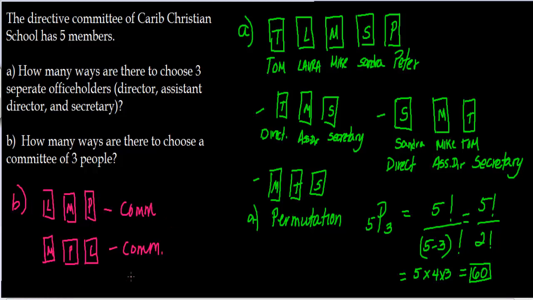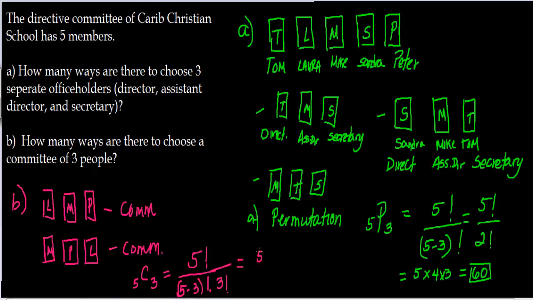And remember, combinations will divide out the non-distinguishable permutations. So this would be C(5,3), which is 5 factorial over (5 minus 3) factorial times 3 factorial. 3 factorial are the non-distinguishable permutations.